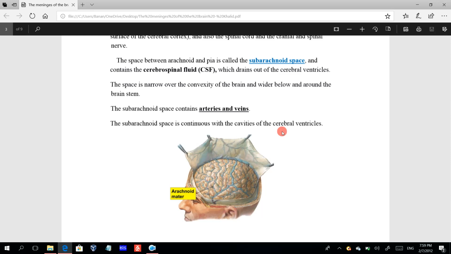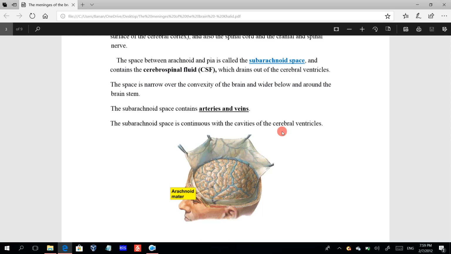In the next lecture we will talk about these ventricles in detail. So the subarachnoid space is continuous with these ventricles, and the fluid passes from the subarachnoid space to the ventricles.